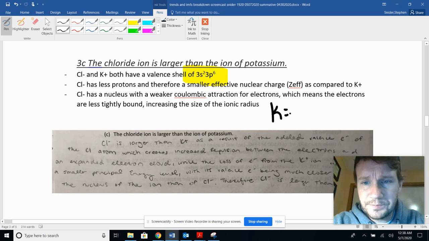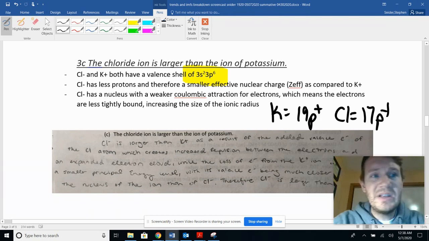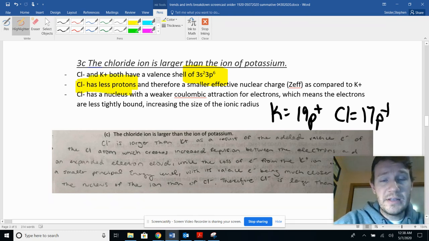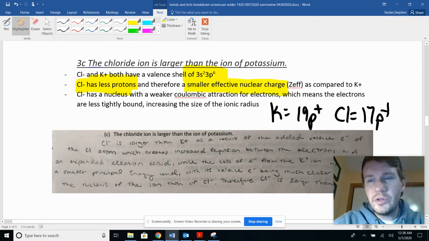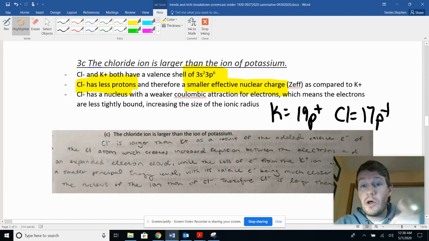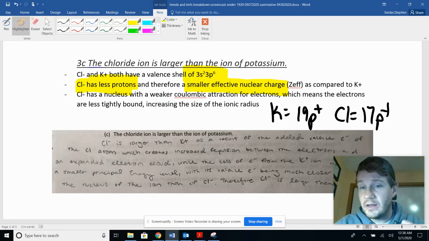So potassium has 19 protons, and chlorine has 17 protons. So the big difference here is that chlorine has fewer protons, therefore a smaller effective nuclear charge. Now keep in mind that in Coulomb's law, charge is in your numerator.